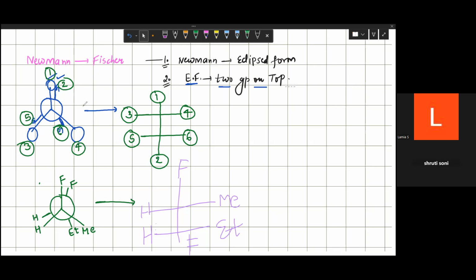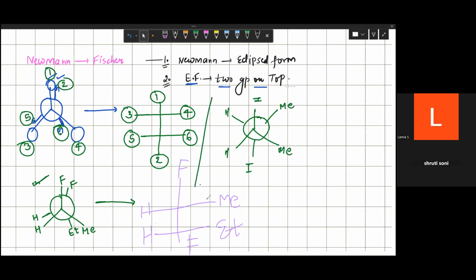I'll share some questions. See, in this question, I'll form an eclipsed form by myself. But let's suppose there is no eclipsed form there. In that case, how will we do it? Let's suppose this is the compound, with hydrogen, hydrogen, iodine, methyl, methyl, and iodine.